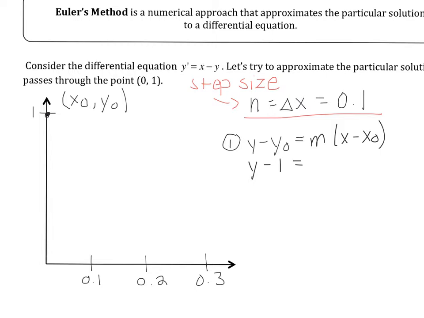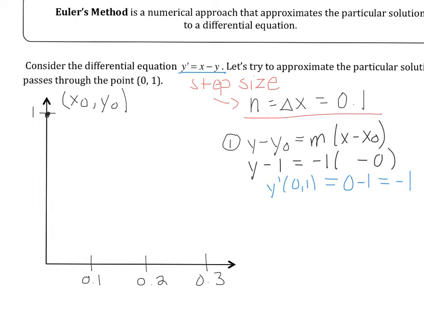Our slope, I'll say y prime at 0, 1. Well, y prime is given by your x-coordinate minus your y-coordinate. So that's going to be 0 minus 1, which is negative 1. Let's put that in here. Then we know that x0 is 0. We also know our next x-coordinate.